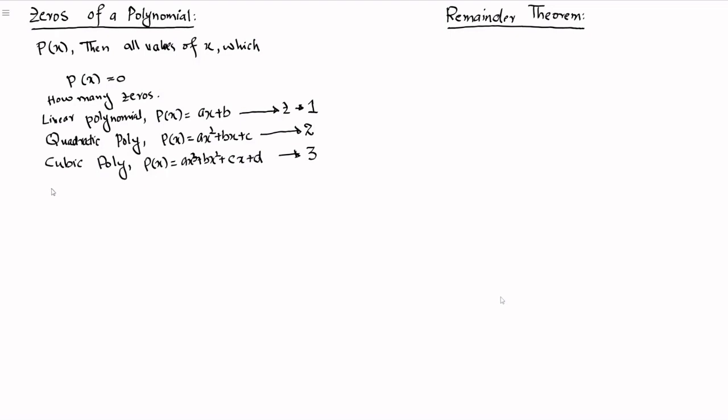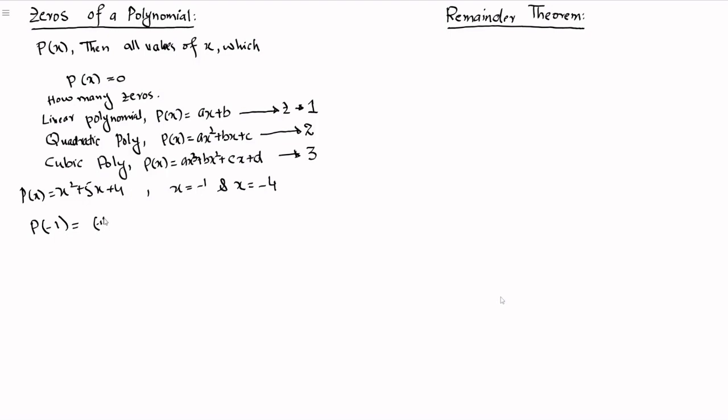Now, let's suppose we have a polynomial x square plus 5x plus 4, which is a polynomial in x. Then x is equal to minus 1 and x is equal to minus 4 are zeros of this polynomial. So we will find p of minus 1, which is inserting x is equal to minus 1.